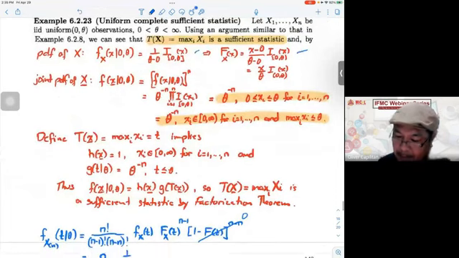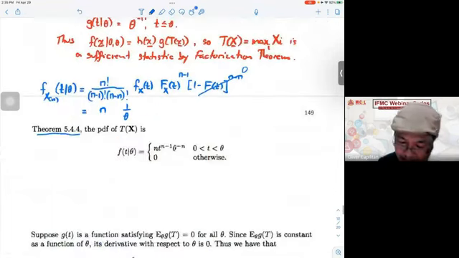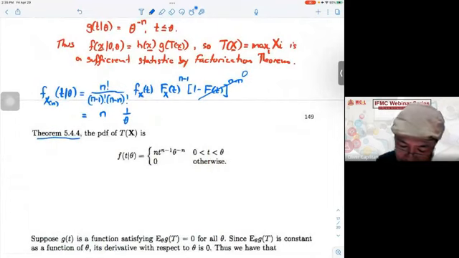The CDF is t over theta raised to n minus 1. Now this is for t greater than 0 but less than infinity.